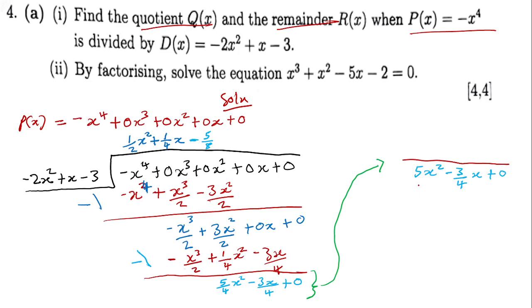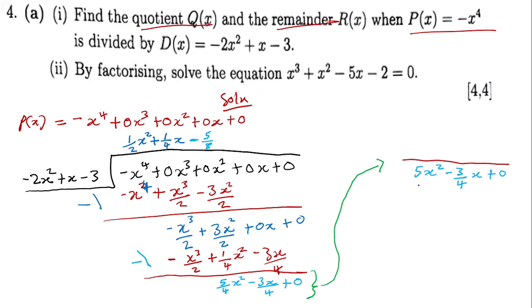Okay, so this times that is going to give you something like a positive 5 over 8x squared. Yeah, when you multiply that by that, it will give you that. Then this guy times that guy is going to give you negative 5 over 8 and then x.